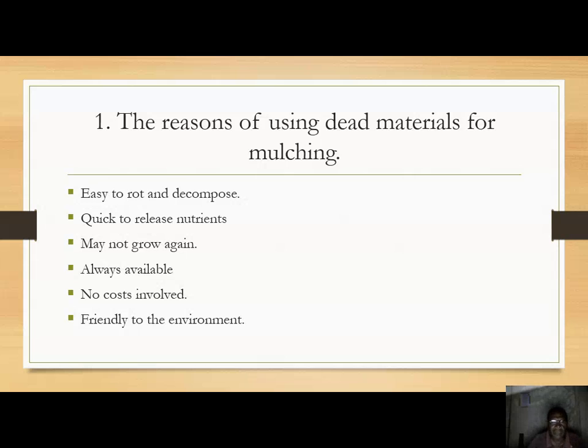For example, dead grasses and dead leaves can be found everywhere. Everybody can access them. We can find them along the road, around our houses, or around a garden. No costs are involved. They are all free of charge.